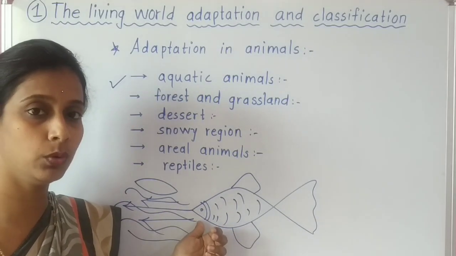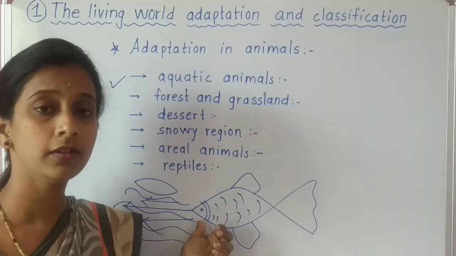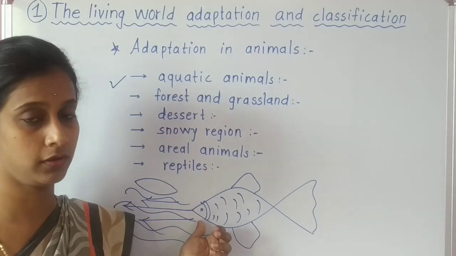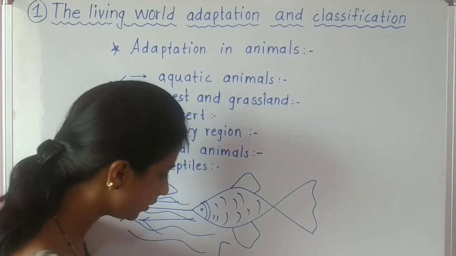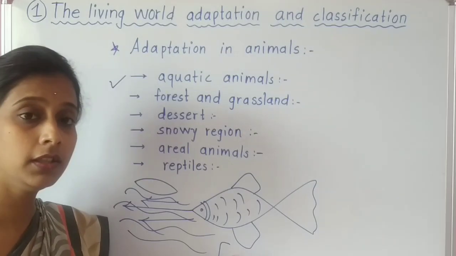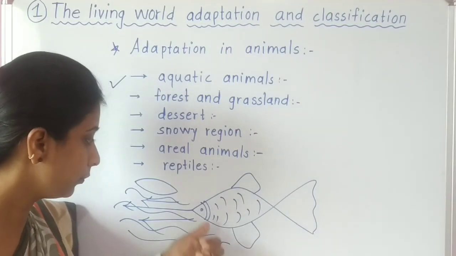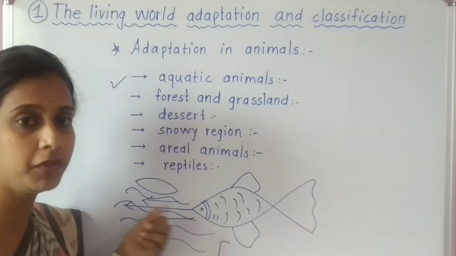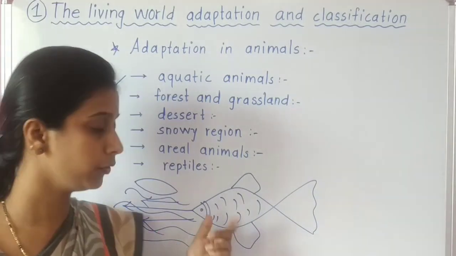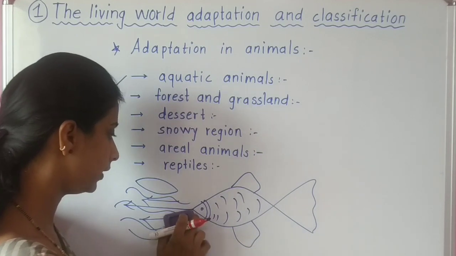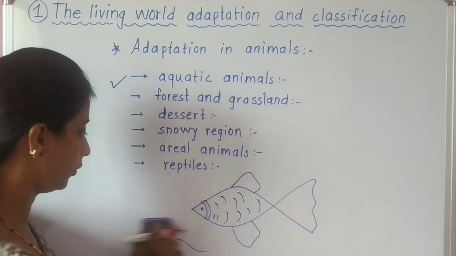So this is the first change that occurs in the bodies of fishes. Suppose if they did not have this type of shape, then they would have to apply more force to divide the flow of water or to swim and move. So the first adaptation in fishes is that they have a spindle-shaped body.